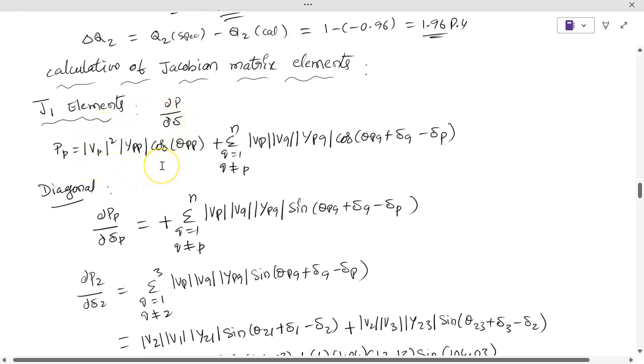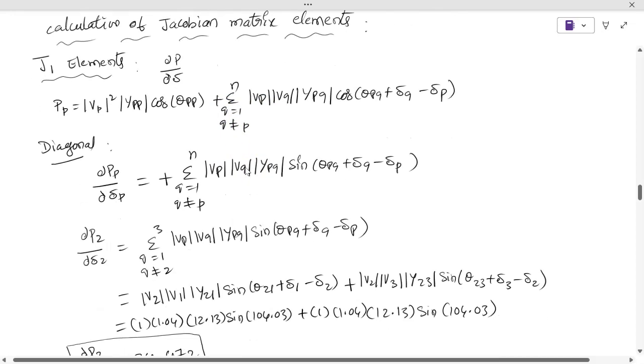Now, except for those terms, we have to write all the others, that means Q is equal to 1 to N, but Q is not equal to P, because Q equal to P we have already separated. So this condition, Q not equal to P, must also be here.